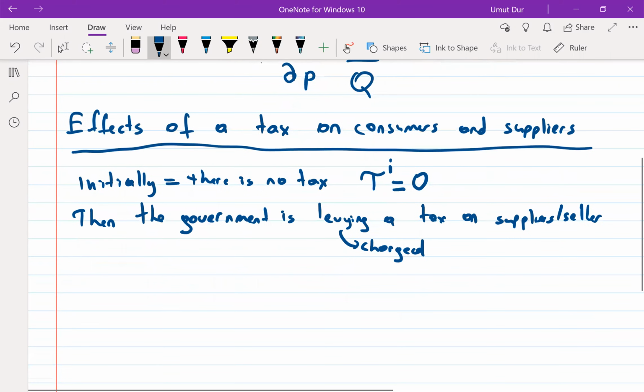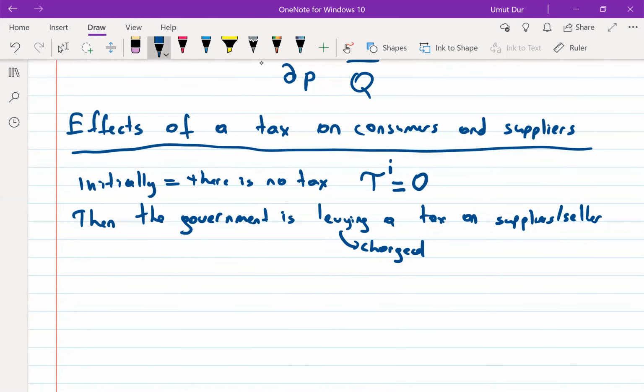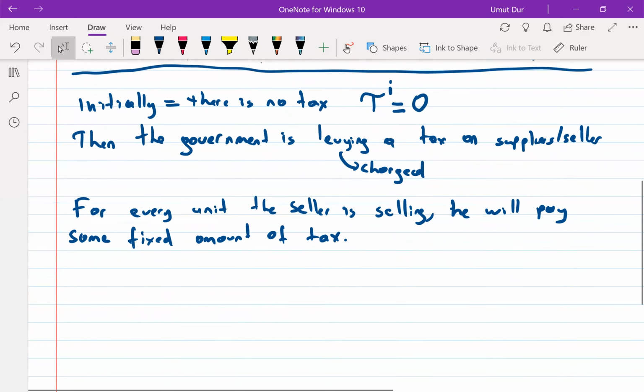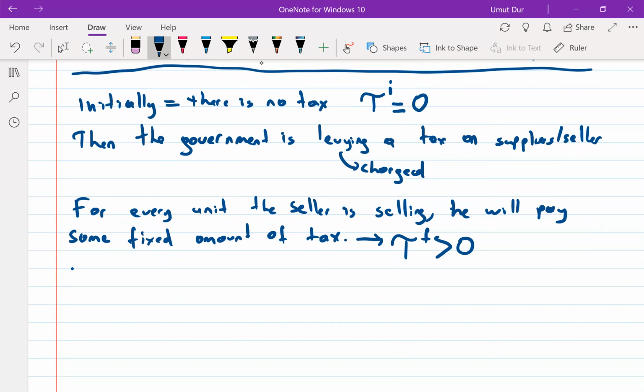What do I mean here? Basically the government is saying that for every unit the seller is selling, he will pay some fixed amount of tax, and that fixed amount will be denoted with tau F, which is greater than 0.